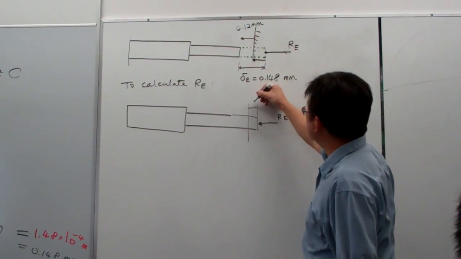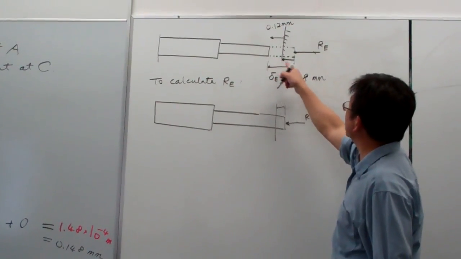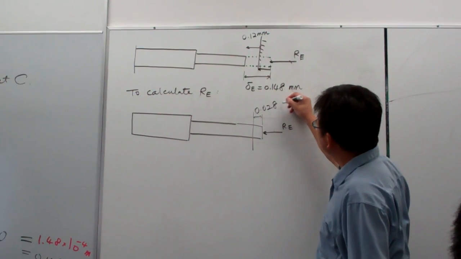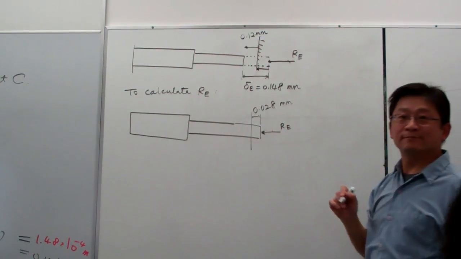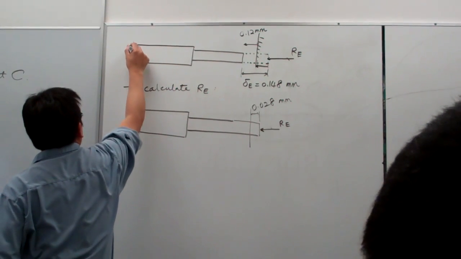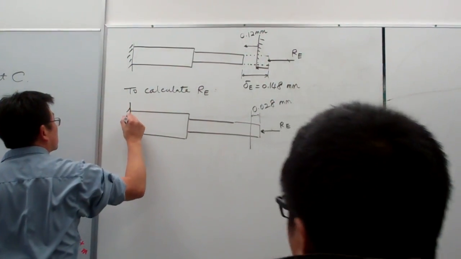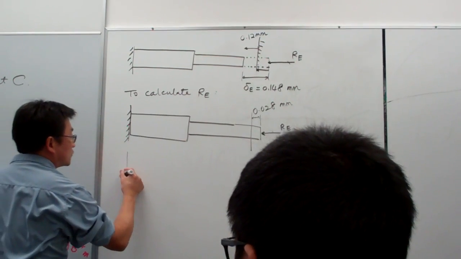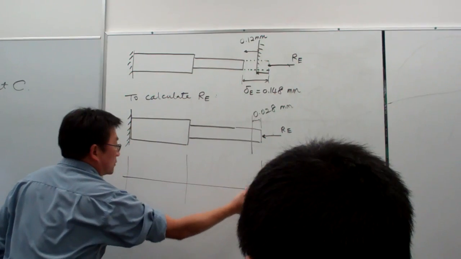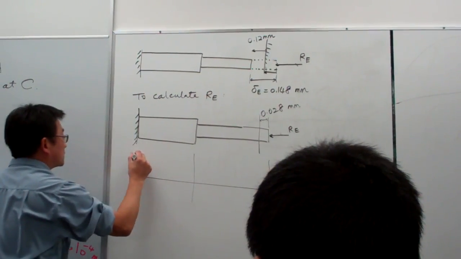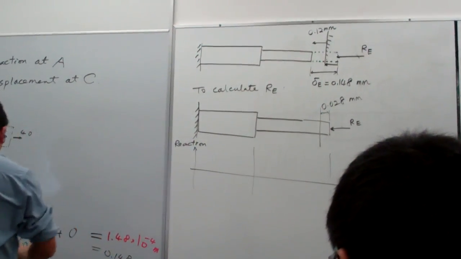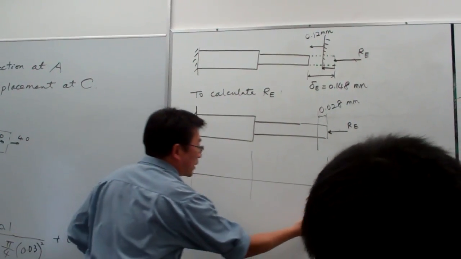It would be equal to the difference between the two numbers, 0.028 millimeter, right? So this is our model here. The same thing for this one, we can calculate the reaction of RE. This is the X, and this is the reaction here. So for this model, the reaction will be equal to RE as L squared.